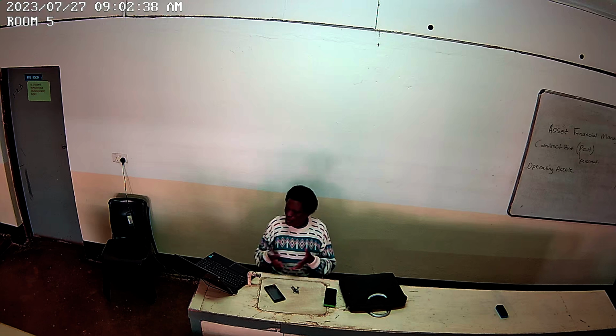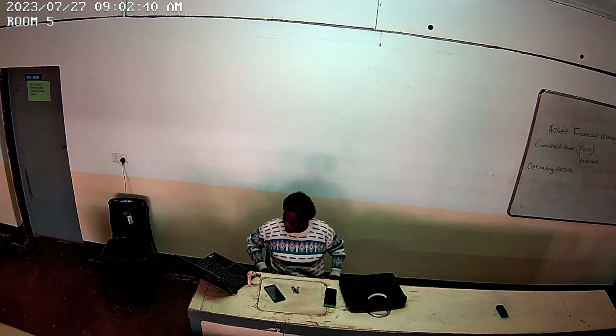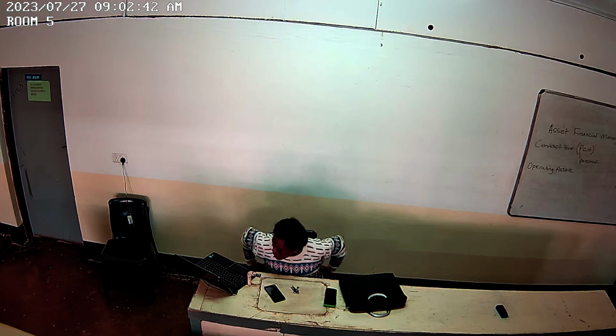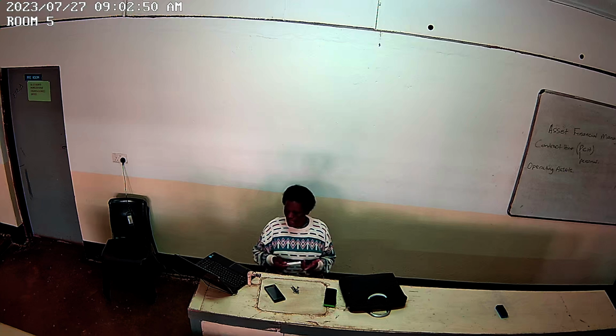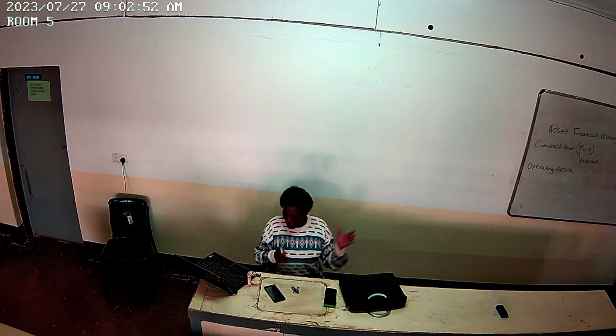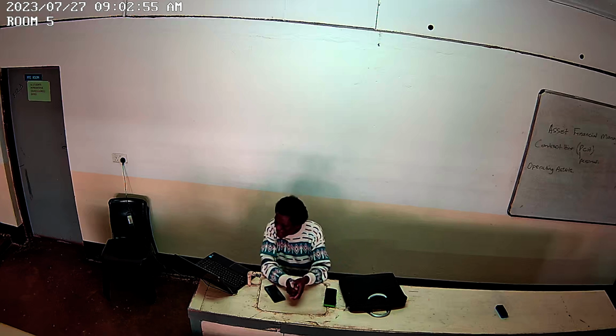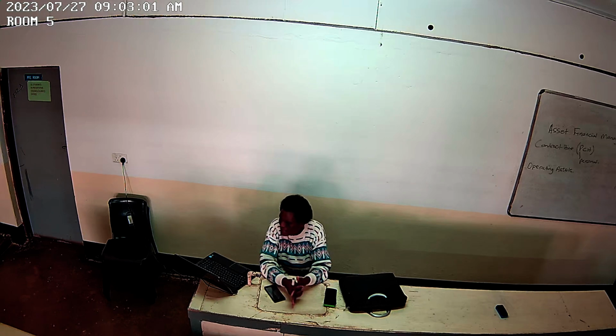So, we look into fixed assets. We say consider fixed assets as a subset of operating assets. They include most of the tangible items, including property, machinery, tools, and office supplies.